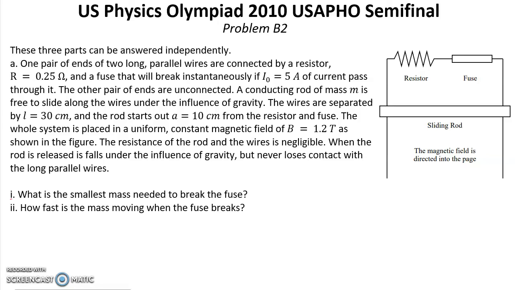The whole system is placed in a uniform constant magnetic field of B equals 1.2 Tesla, as shown in the figure. The resistance of the rod and the wires is negligible. When the rod is released, it falls under the influence of gravity, but never loses contact with the long parallel wires.